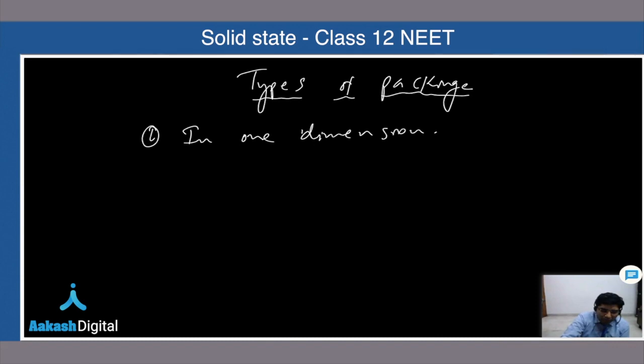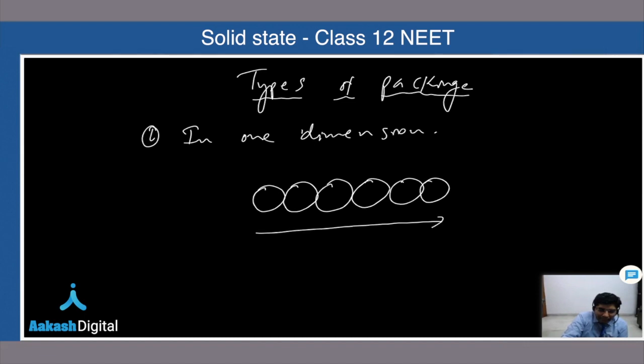Now, these are the atoms. This is x-axis and this is y-axis. Now it is in which dimension? One dimension, two dimension? One dimension means towards x-axis.